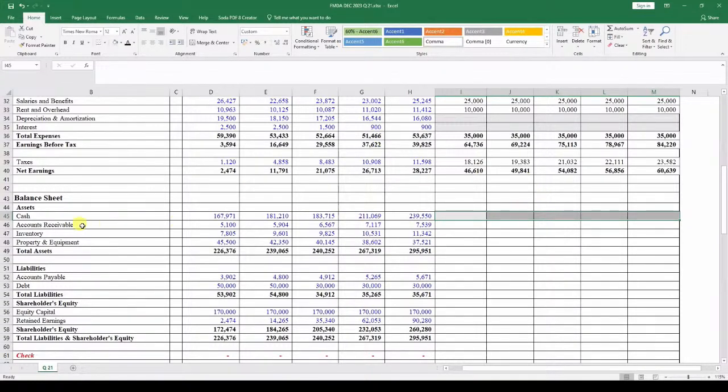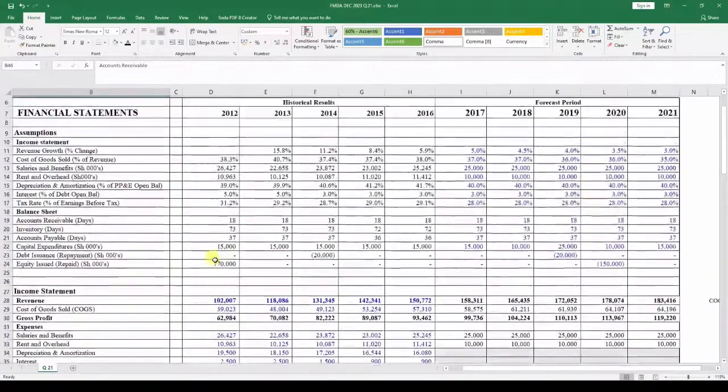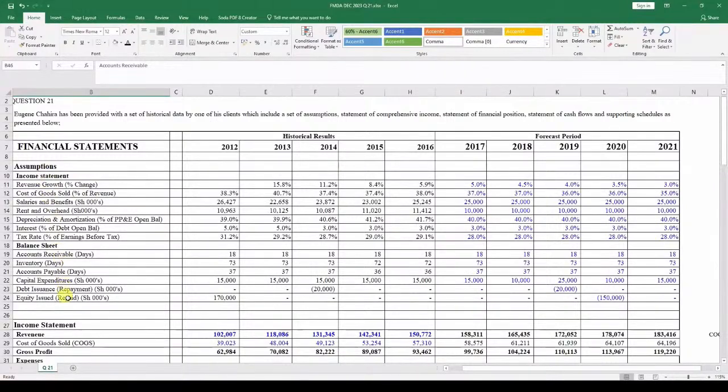How do we model accounts receivable? If we go back to the assumptions section right above here, you can see we've been given accounts receivable days. We've been given 18. And accounts receivable days is driven by revenue. So it is accounts receivable over revenue times 365.